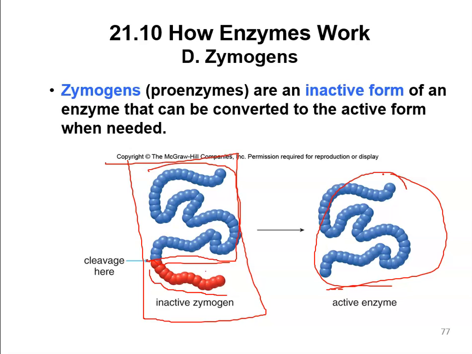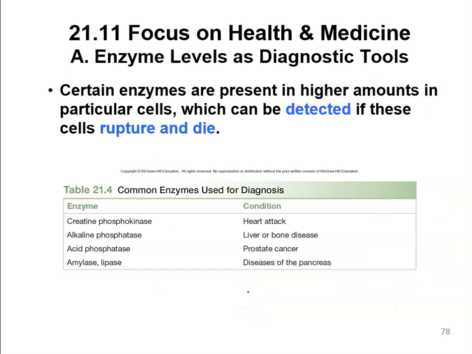So it's called a zymogen, which is a proenzyme, meaning it's right before it becomes an active enzyme. It's the inactive form that can be converted into the active form. It's kind of like the reserves in the Army. We've got reserves that might not be active, but then at one point we might need them, and they're called upon, and then it goes into active duty.